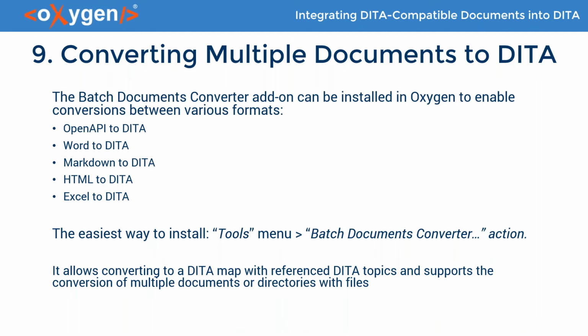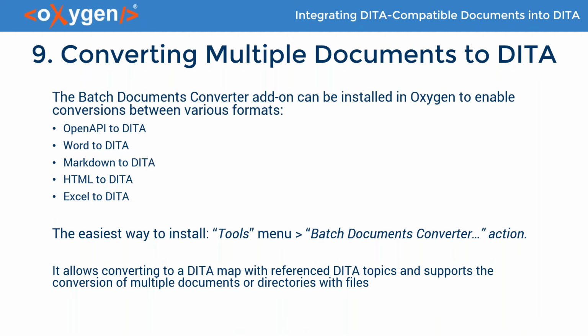It can be easily installed in Oxygen using the Batch Documents Converter action from the Tools menu. The add-on allows conversion to a DITA map with referenced DITA topics and supports the conversion of multiple documents or directories with files.